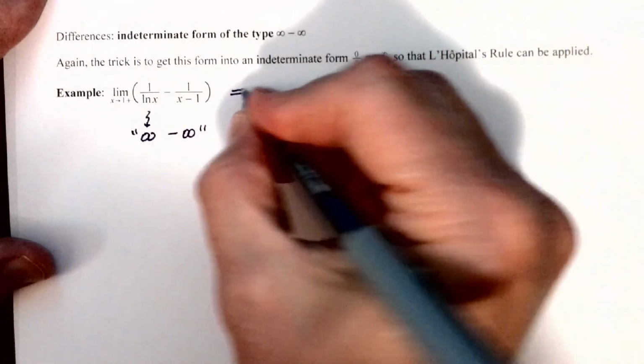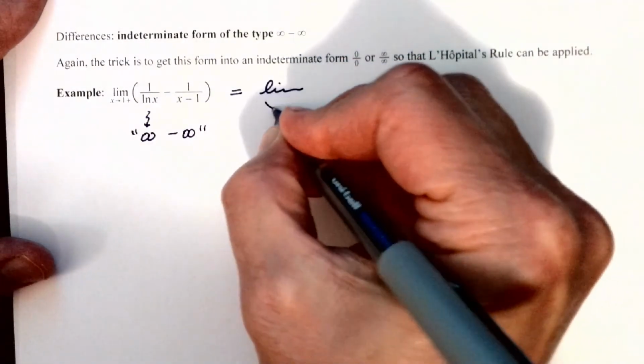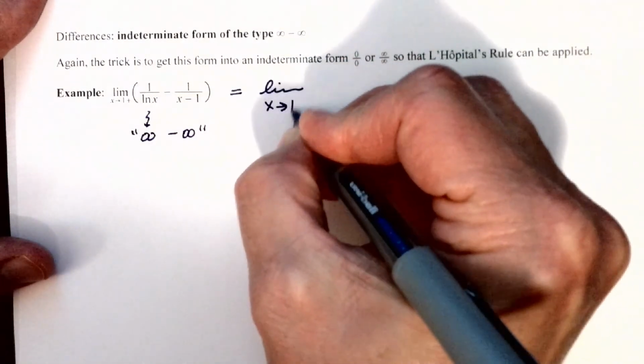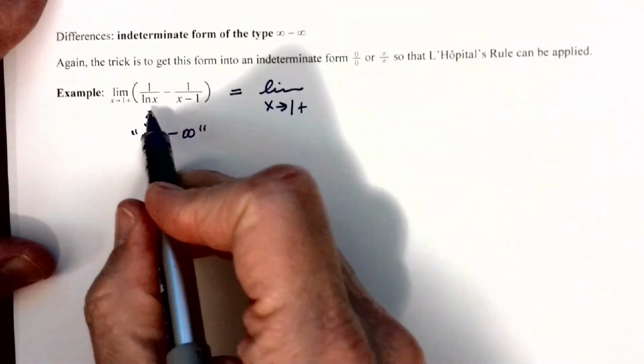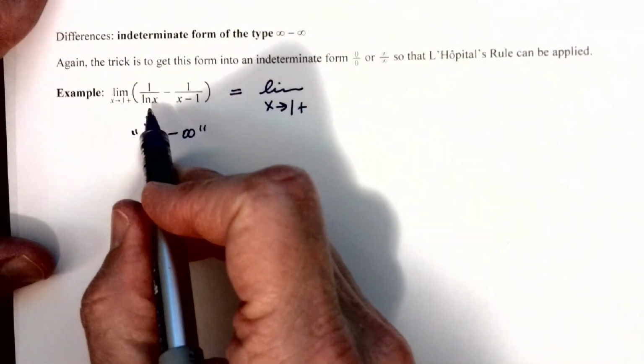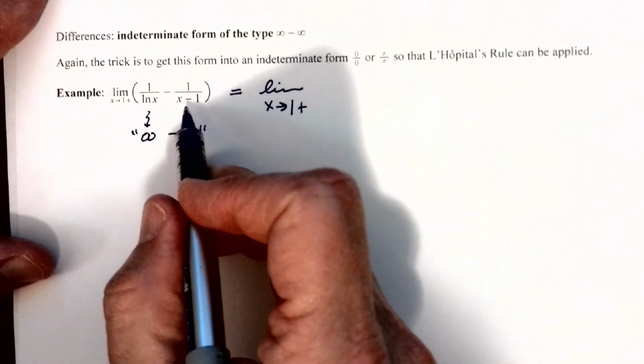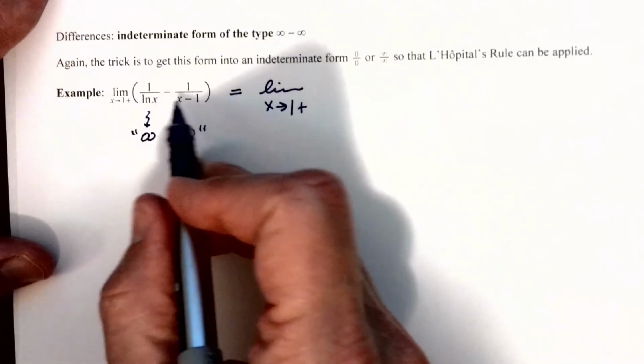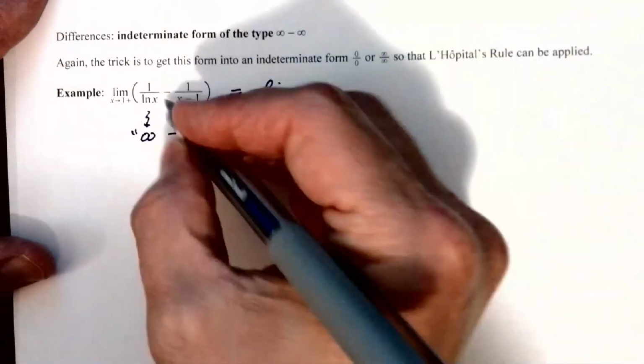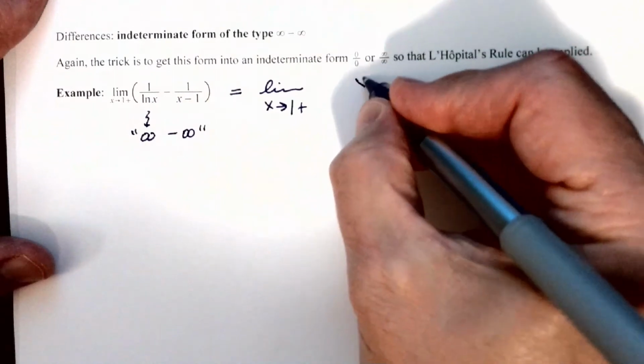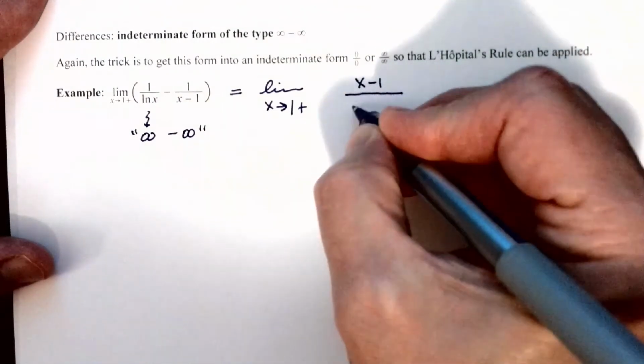So what I'm going to do is simply subtract these two fractions, and to do that I need a common denominator. What's the common denominator of the natural log of x and x minus 1? Well, it's just the product of these two. So for this first fraction, I'll multiply top and bottom by x minus 1.